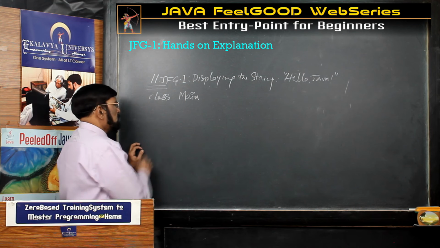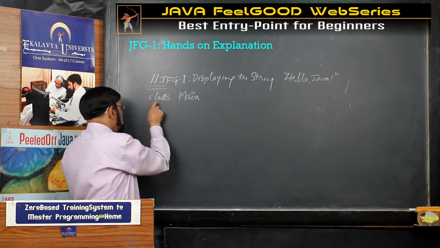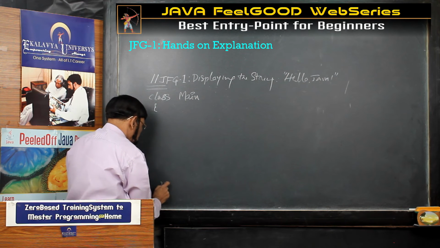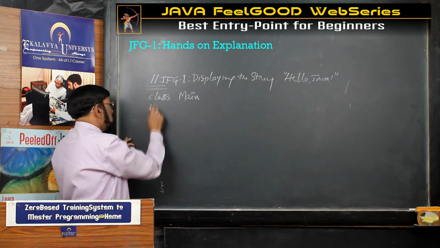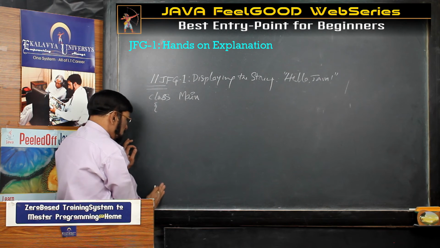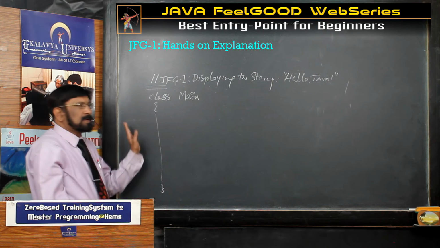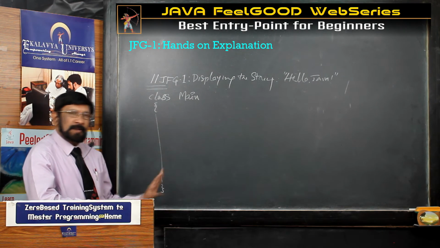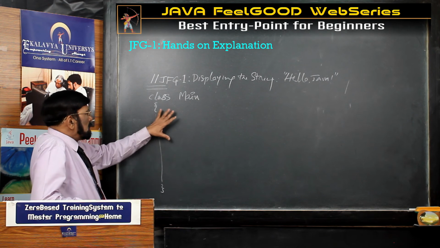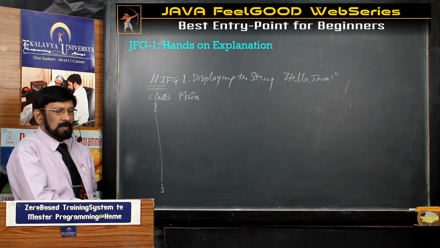Okay. First you write that, and now you see here you have to create a block. This is the body of the class. So whenever you are writing below the second letter, you write an opening curly brace. This is called the body of Main. Within the body of Main, we have to write the executable code.